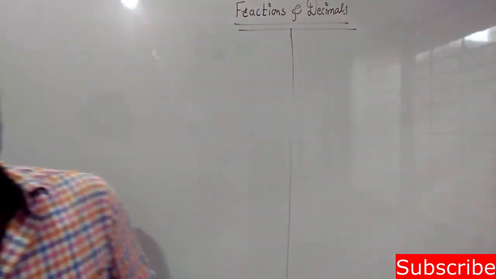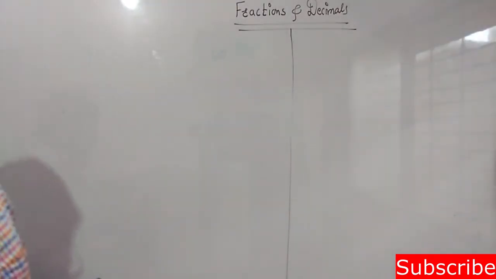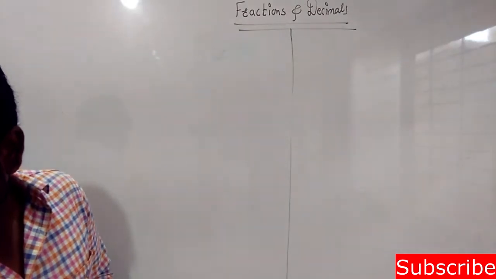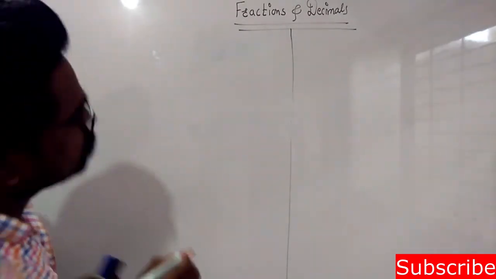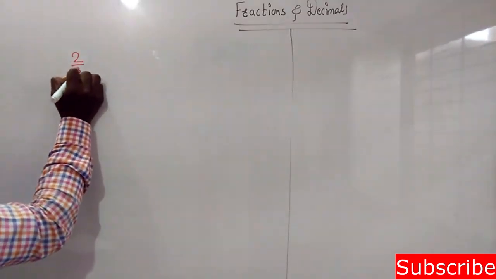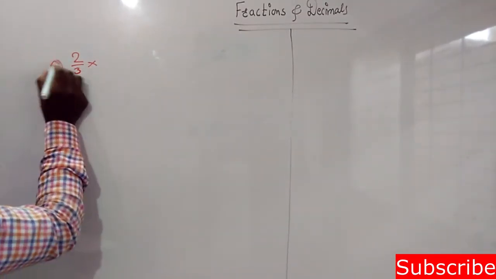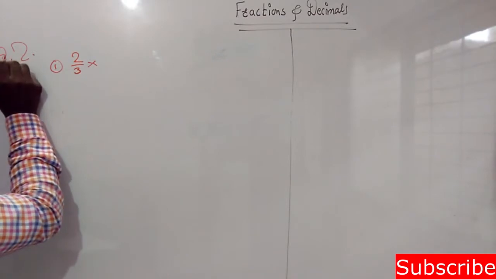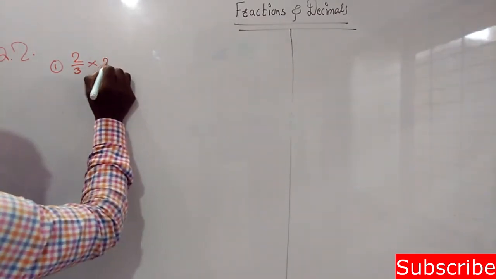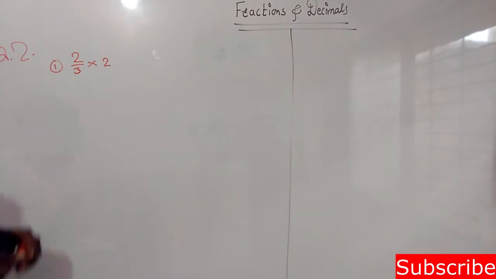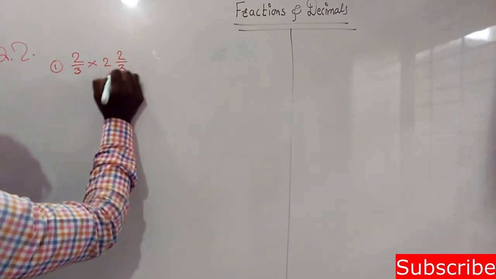Now see, question number 2 was there, and I'm going to take the first 4 examples here. The first one from question number 2 is 2 by 3 into 2 whole 2 by 3.